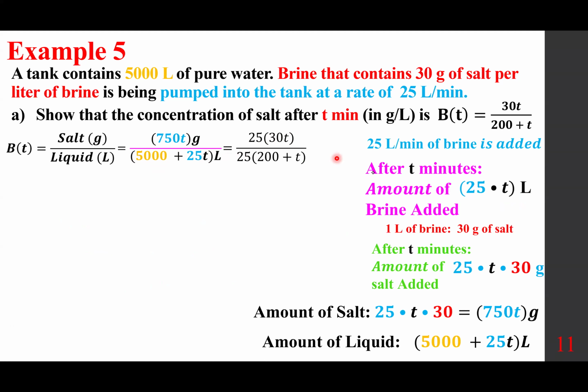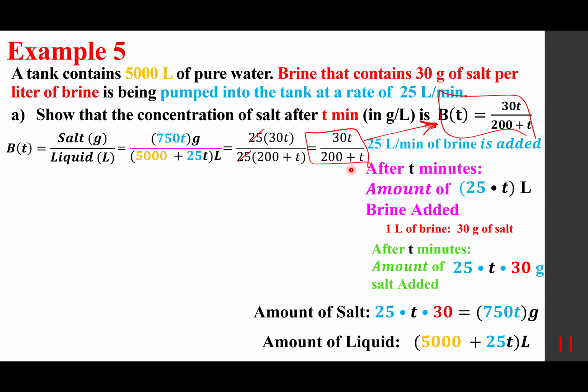This is grams per liter. If you take the 25 out, this becomes 200. This becomes t. I can cancel out the common factor of 25. And that is the proof. This is fine. And believe it or not, this was algebra. All right.